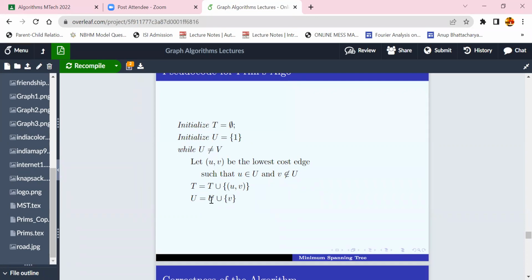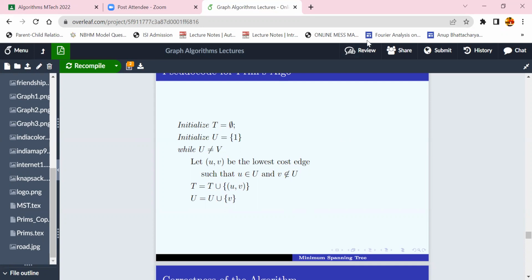So U was already traversed, and T was the tree, that is the vertices we have visited and the edges we already added, right? You can say U is a set of vertices of T. Is it right? Yes, ma'am.